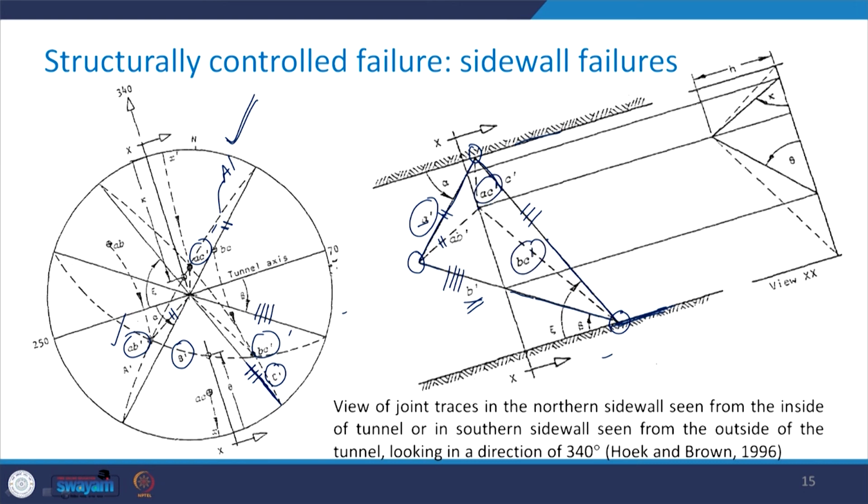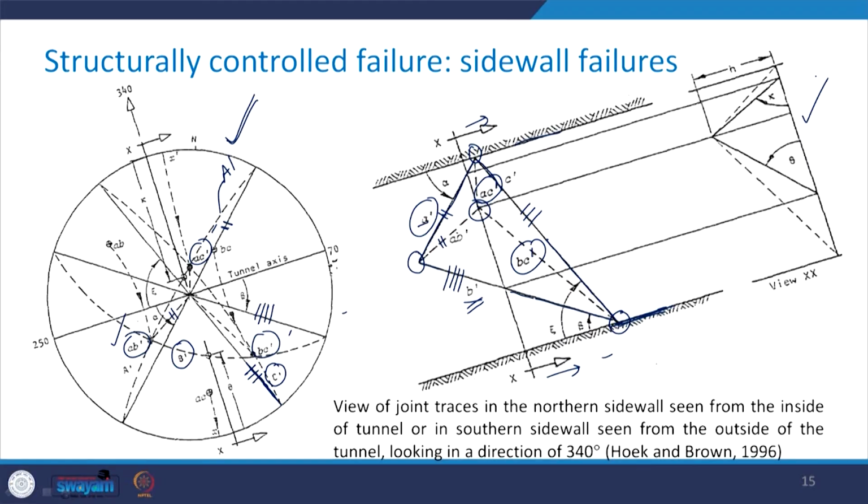Wherever these three intersect, that point is going to give you the apex. And then you project it in this particular direction, and following the same procedure as we had in case of the roof failure, you can construct this.